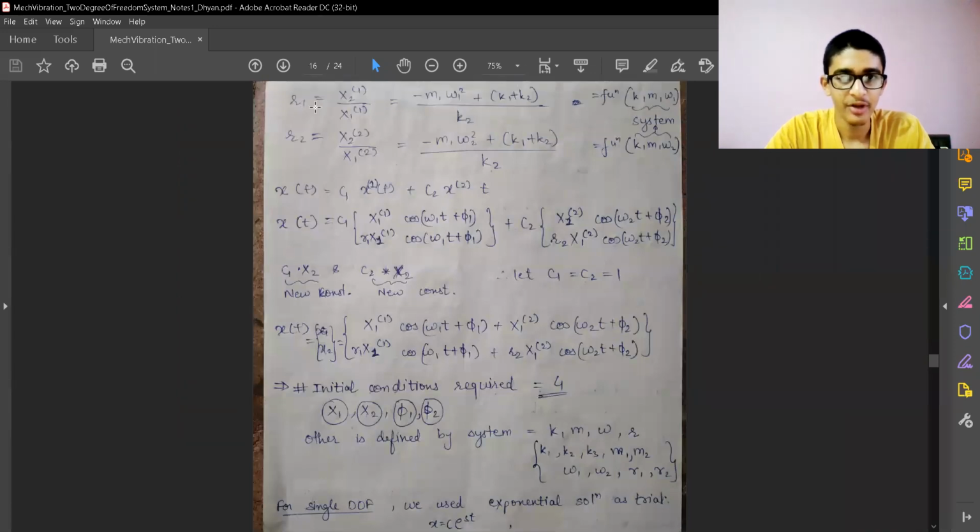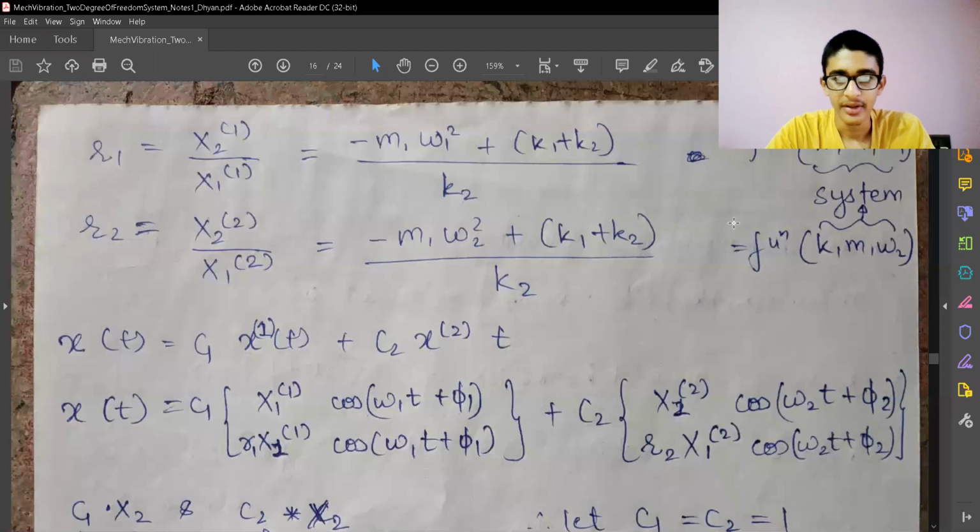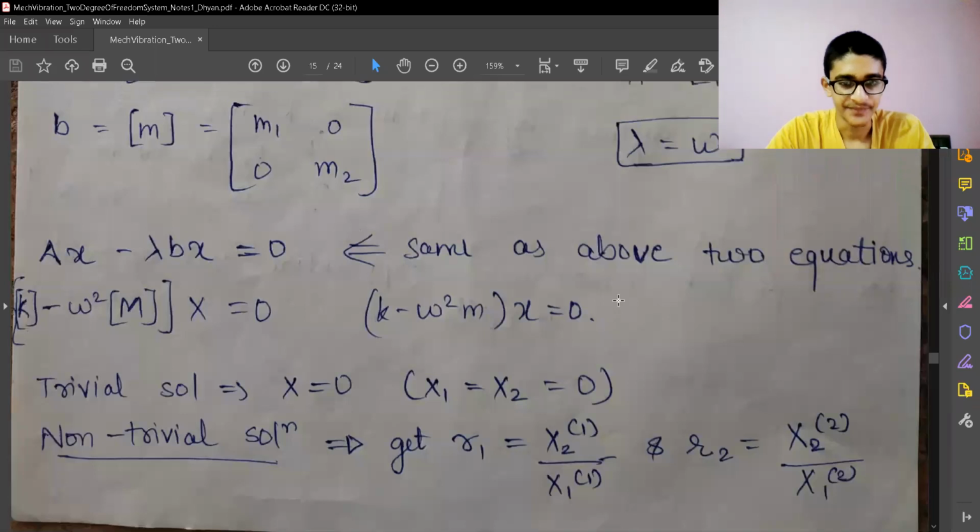So we know the values of R1 and R2 now, and you must remember that they are functions of system parameters only. How can you see that? Because k and m are directly system parameters, and omega squared, that is the natural frequency, also depends on the system parameters.